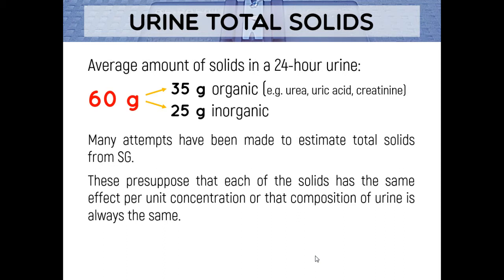That was the driving thought as to why they were finding methods to quantitate total solids: to determine whether total solids have the same effect per unit concentration of urine, or whether the urine composition changes or is always the same.